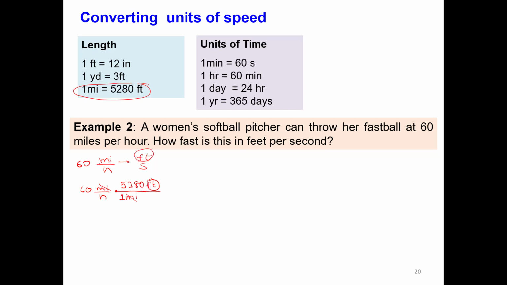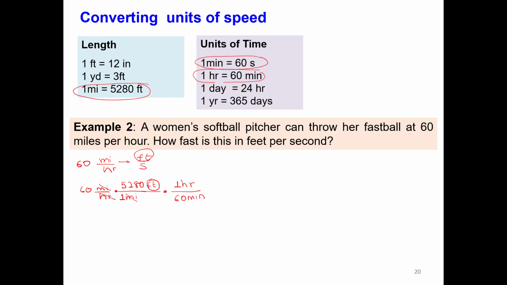Now we need to convert hours into seconds. What we can do is convert hours into minutes first, and then convert the minutes into seconds. We just need to be careful to write the conversion factor in the right way. Because we need to cancel out the hours, we need hours on top: 1 hour equals 60 minutes.